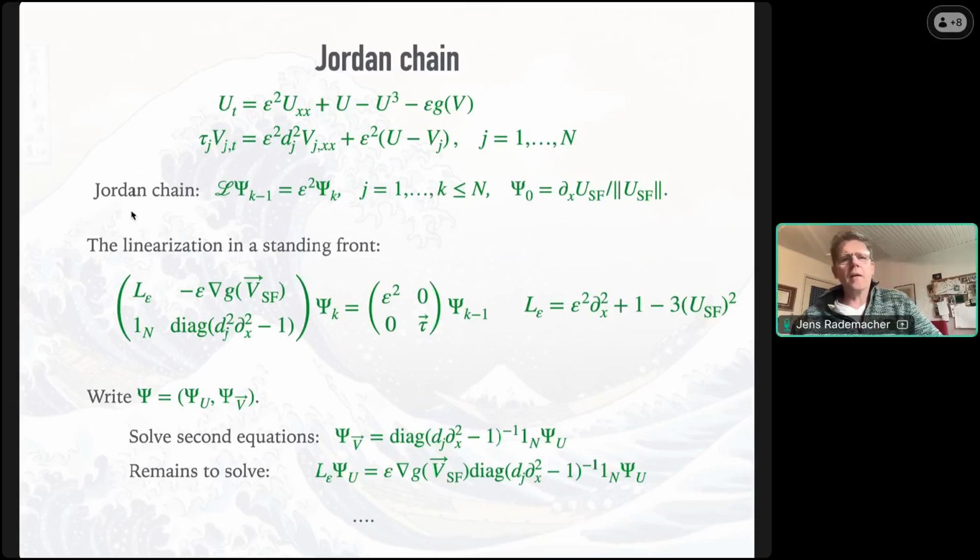So this is how the linear operator looks. Maybe you just focus on this for the moment. This is how the linearization looks. It is a block operator where on the upper left one has this Sturm-Liouville operator, and then there are these coupling terms. The lower right block is from this stabilized heat equation.